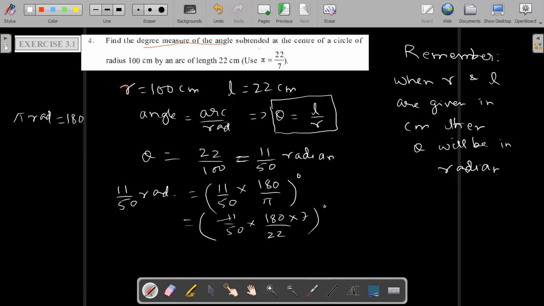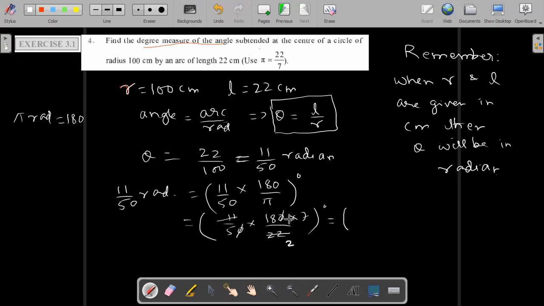So 11, 11 twos are 22. And this 0 and 0 will cancel. Okay, 5 twos are 10.